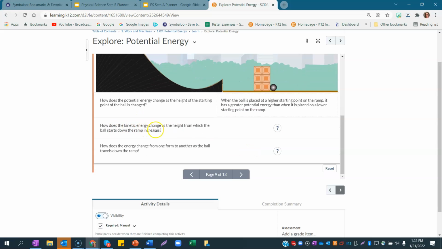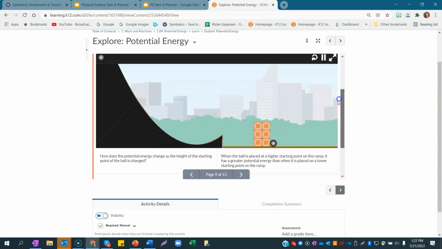So how does the kinetic energy change as the height from which the ball starts down the ramp increases? As it travels down, we know it's picking up speed, so that means it's picking up kinetic energy. How does the energy change from one form to another as the ball travels down the ramp? When the ball is up here, remember at the top, it's got the most potential energy.